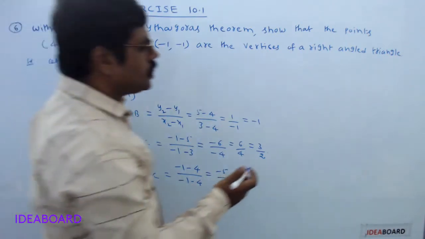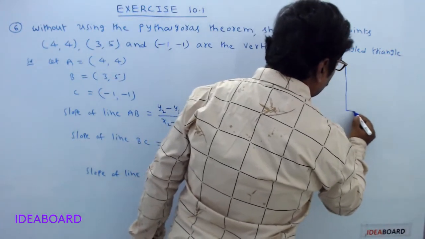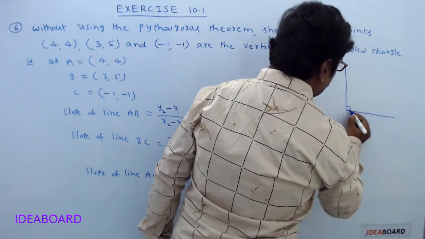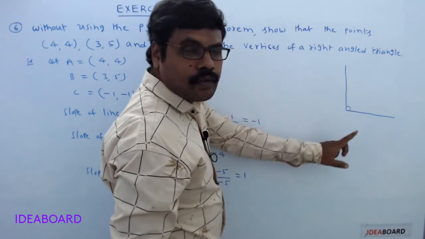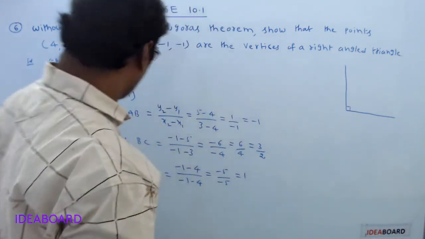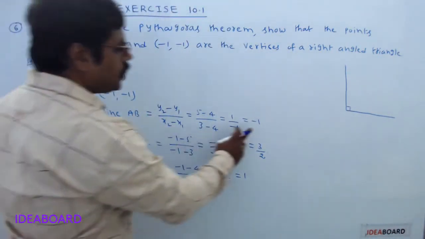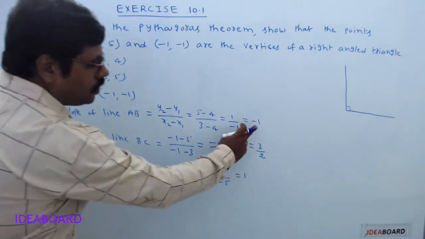Now see the diagram. Suppose if these two lines are perpendicular, definitely product of their slopes is minus 1. Here slope of line AB is minus 1, slope of line AC is plus 1.